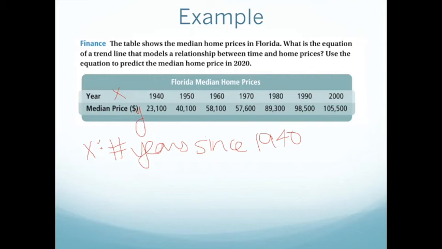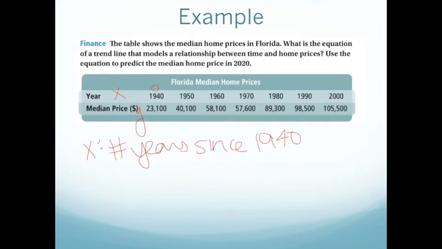So what does that mean? That means our X's are a little bit different than the years. In 2020, how many years has it been since 1940? Well, in 1940 it's been 0 years. So really, we're going to use an X value of 0.